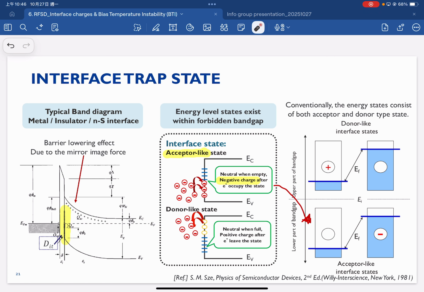So in the beginning it was neutral if this is empty. But now if this acceptor interface state starts to capture an electron, it will start to have the negative charge.